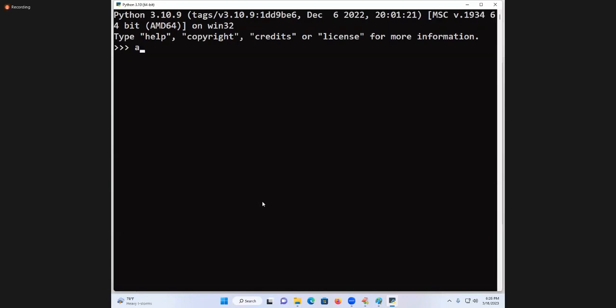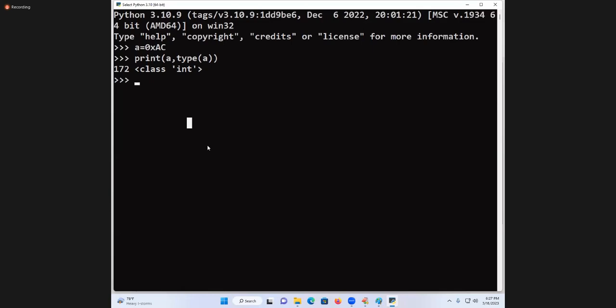Now I'm going to take A is equal to 0xAC. Even though I represent it in hexadecimal format, internally it is converted into decimal. So print A, type of A. As you already know, it is 172.